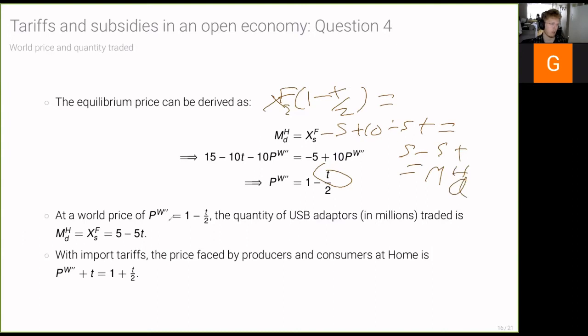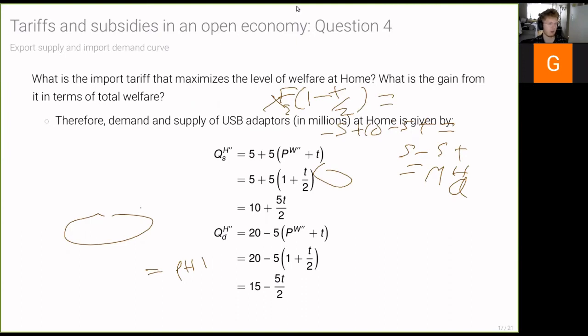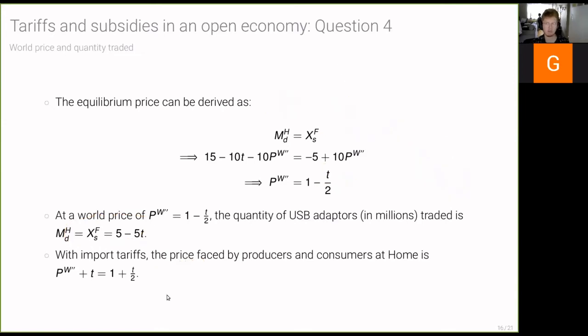Okay. So now we know the amount traded of USB adapters, and if we take this to be the world price and add on T, we can figure out what Home's price is going to be, which is equal to 1 plus T over 2.